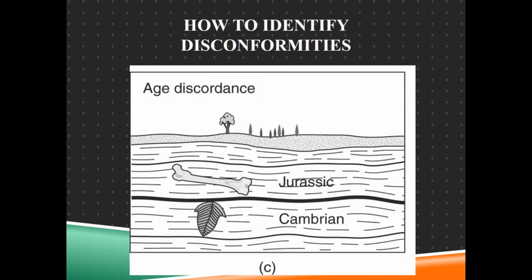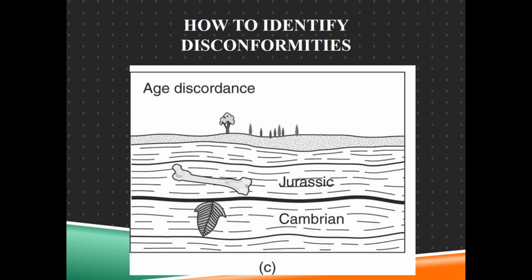We can also do it with fossils. This may seem like the easiest, like, oh, hey, we have a Triceratops skull, and underneath is a plant fossil from way, way earlier, or in this case, a bone from the Jurassic period.